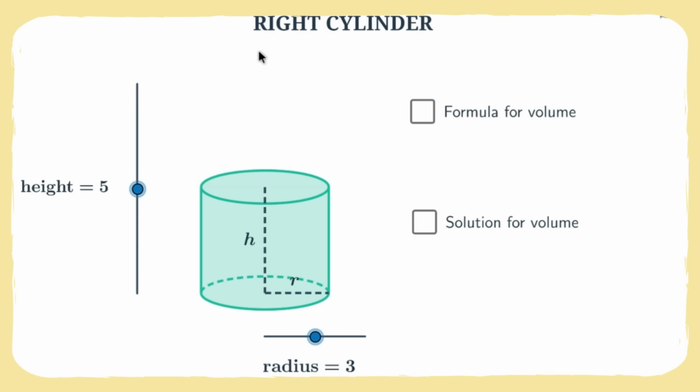Now, right cylinder is actually a 90-degree cylinder wherein yung ating cylinder ay perpendicular siya doon sa ating base. So, as you can see, what are the different parts of a cylinder? First is yung ating radius. Remember, this radius here is part of the circular base, no? From the center of the circle going to any point of the circle, that is now the radius.